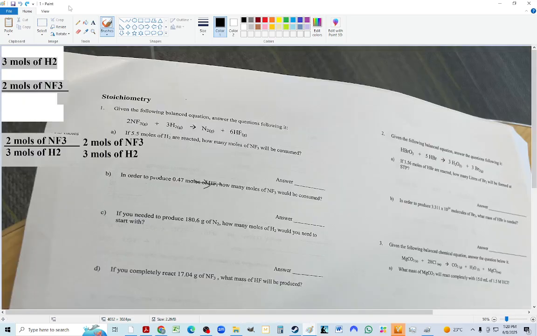Now, when you're given a reaction like this, you need to notice that it takes 2 moles of NF3 plus 3 moles of hydrogen gas to create 1 mole of N2 and 6 moles of HF gas. That can be turned into this ratio, and it's used depending on what you want.